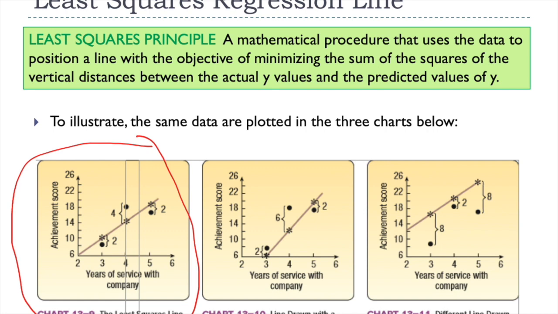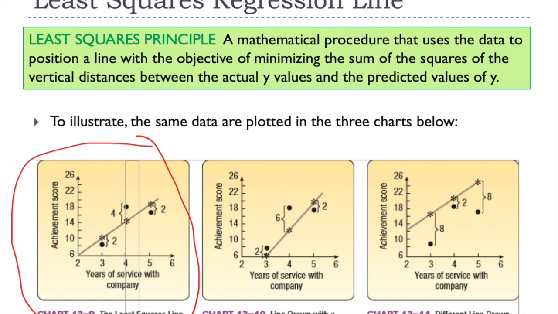The first one on the left, which I've circled, is our best representation. That is the least squares line. The dots in each of these 3 graphs represent actual values of y from our data set, and the asterisks are predicted values of y given a value of x.